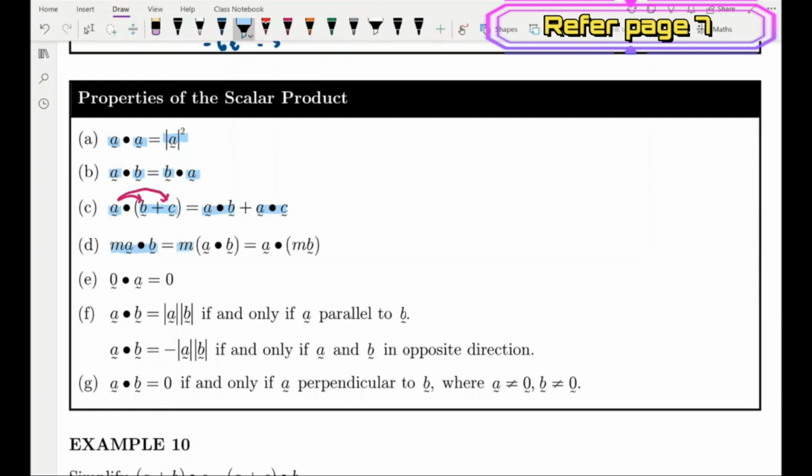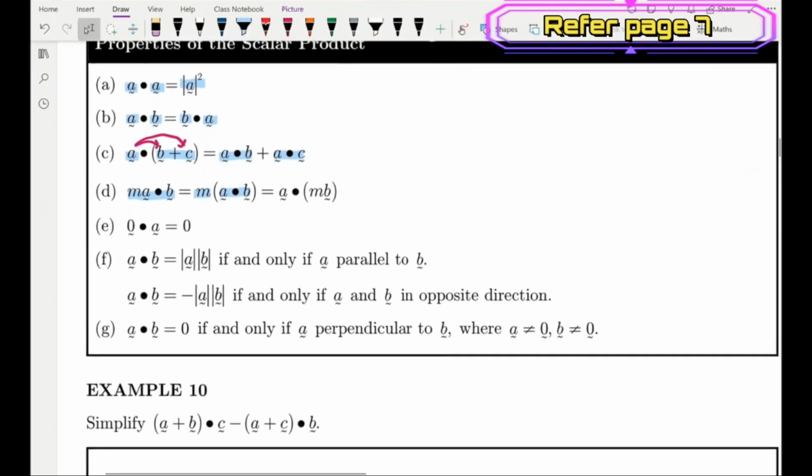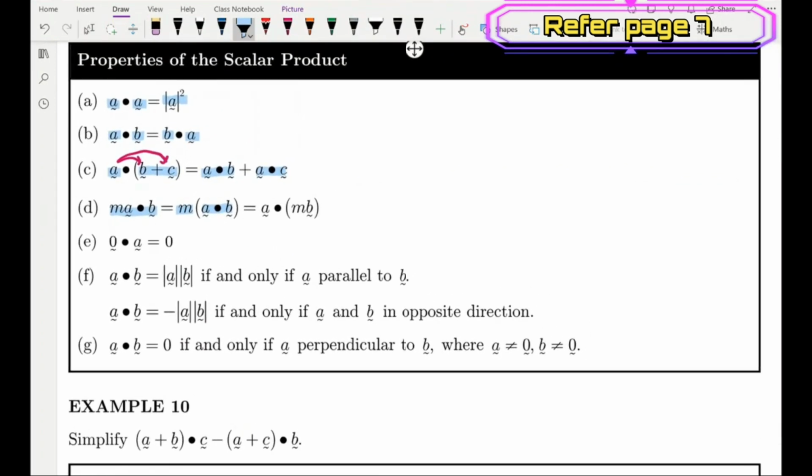We just factorize M and then take the dot product of A and B, or we can put M times B and then A dot the value of M times B.